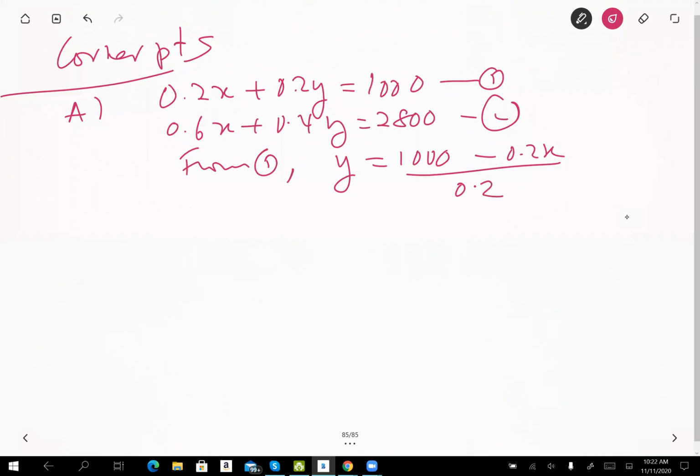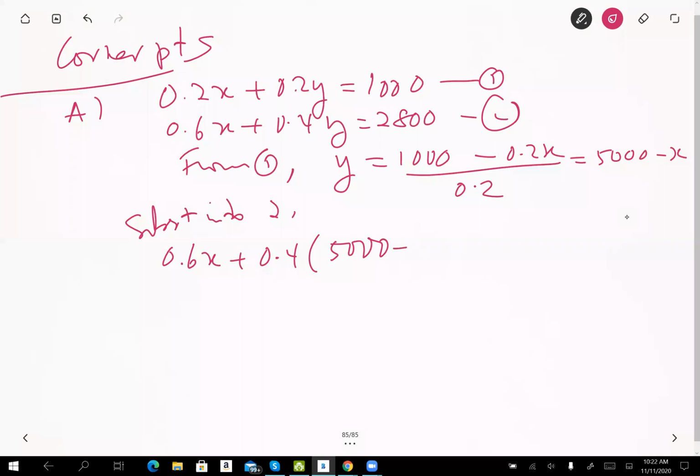If you divide, you get y equal to 5,000 minus x. The numbers are very good, easy for us to work on. Then substitute into 2. So what do I get? I get 0.6x plus 0.4 times (5,000 minus x) equal to 2,800.